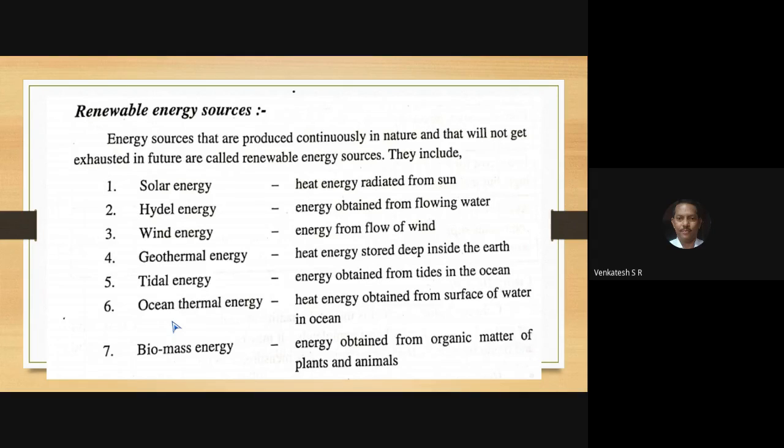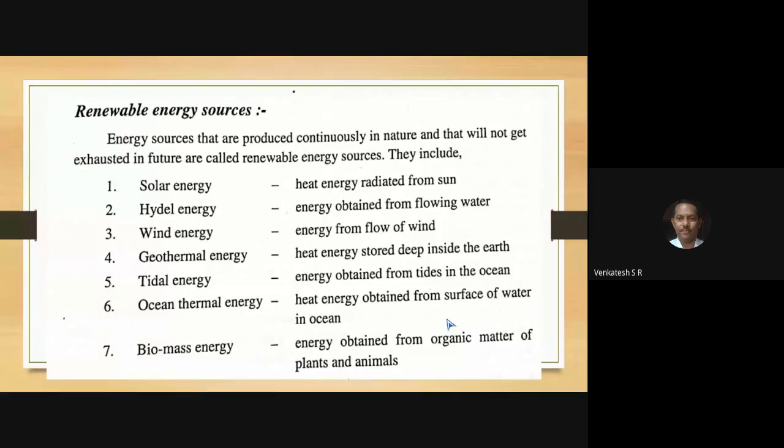That temperature can be utilized for heating of the building, or sometimes you can use it for heating of the water. You can produce the hot water. That is the ocean thermal energy that you can utilize for producing hot water. From that you can use it in the house or in the hotel or anywhere.